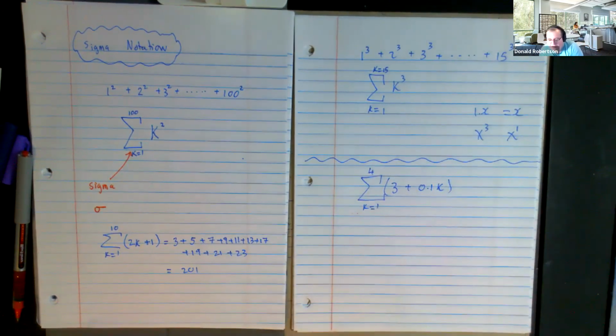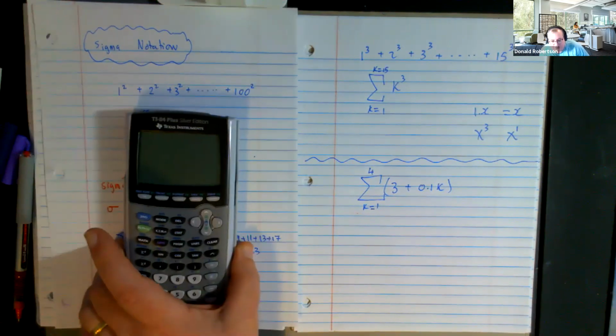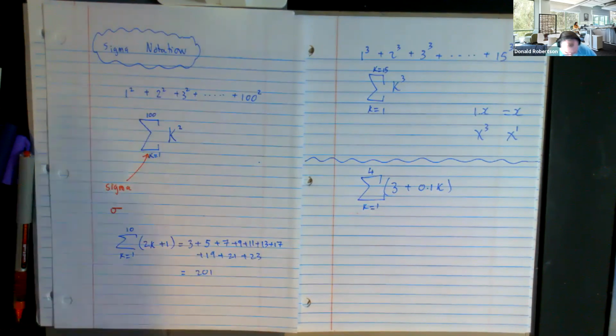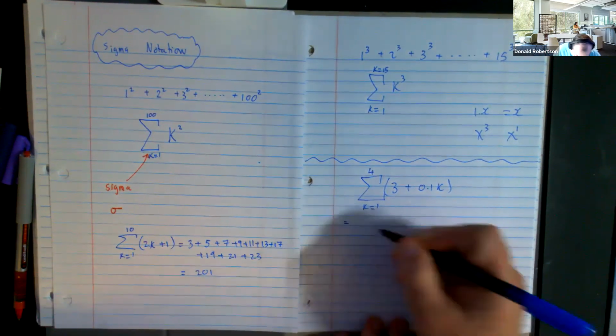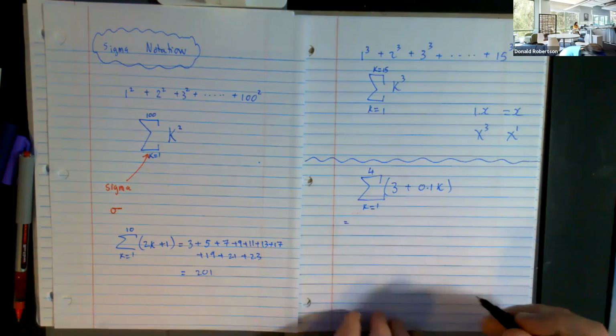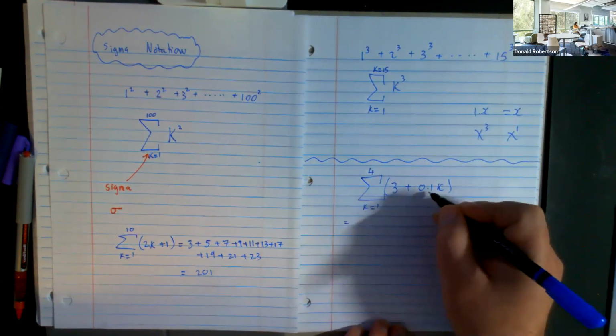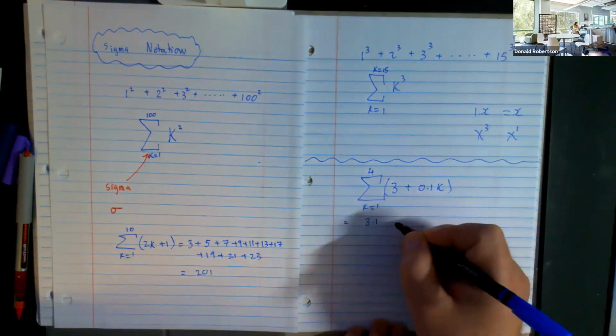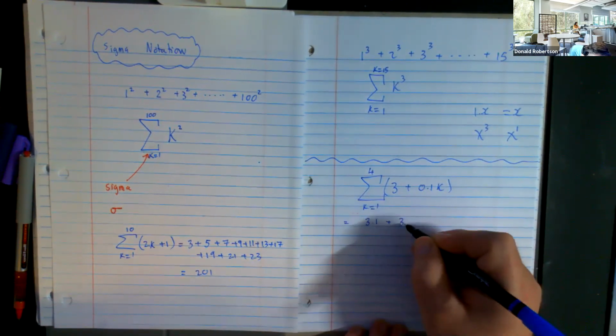One of the questions that you're going to get in your homework looks more like this guy here. Now, you are going to have to use your calculator, right? There's no way to avoid that. But let's figure out what it is. K equals 1. Well, 3, nothing, 0.1, so it's basically 3.1. Then you plug in K equals 2, and you get 3.2.